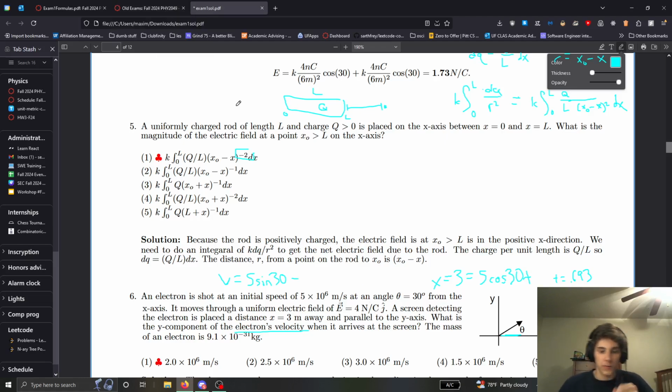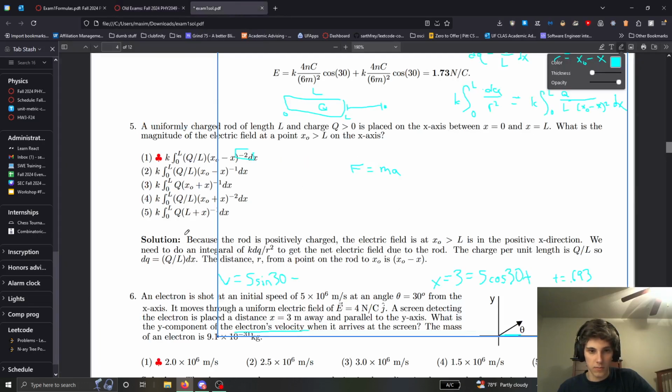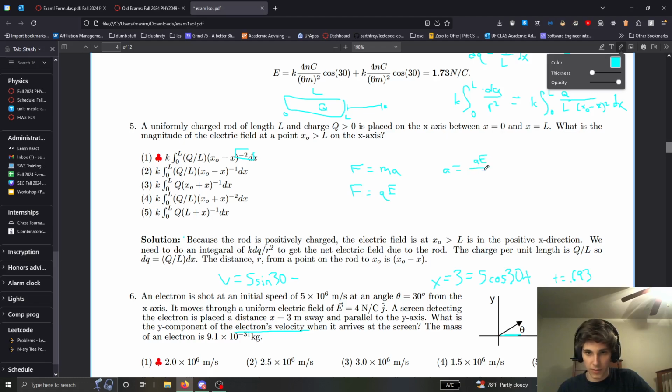Well, in order to do that, first remember from physics 1 that force equals mass times acceleration. We also have another force here. Force is equal to charge times electric field. Putting that together, we can see that acceleration is equal to charge times electric field over mass.